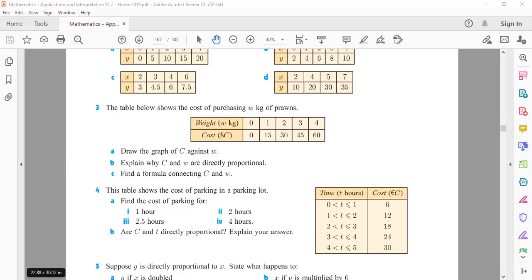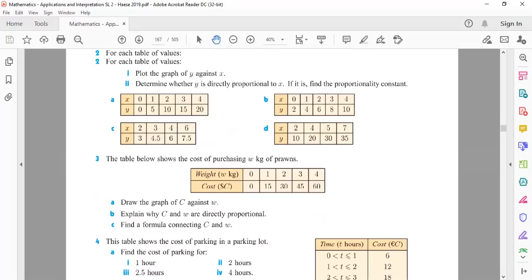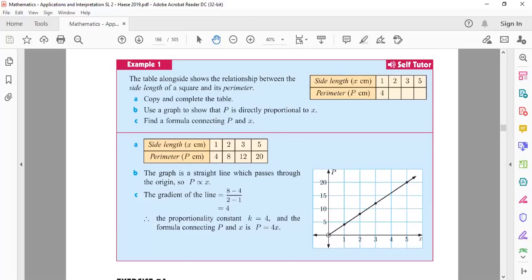So could you scroll up to the example ones? Yeah, okay.